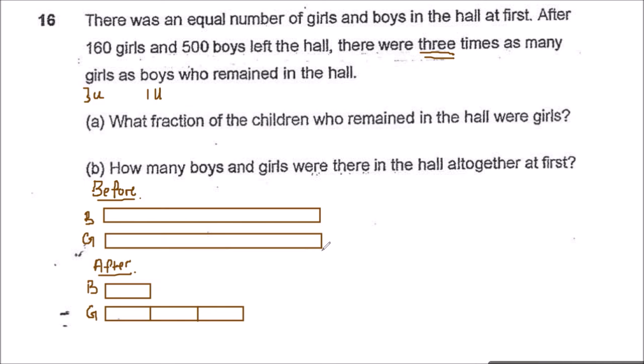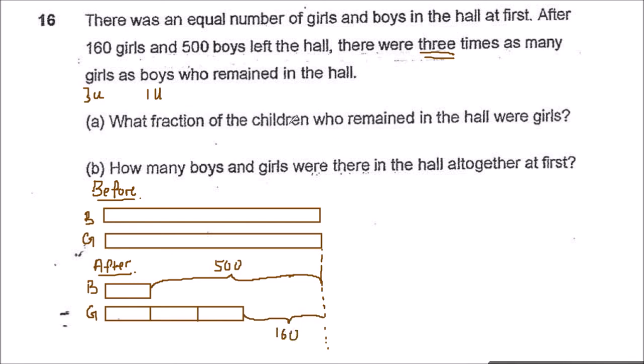Now we can put in the number of boys and girls who left. The number of boys who left will be 500, and the number of girls who left will be 160.